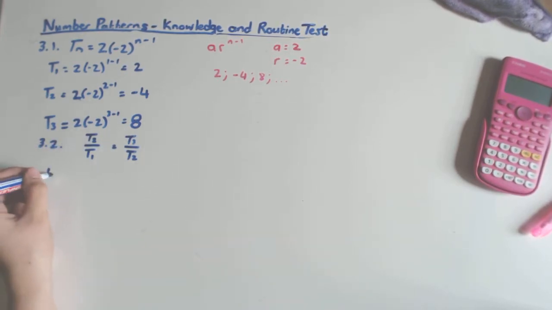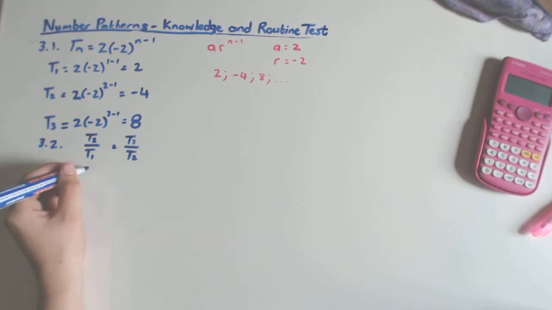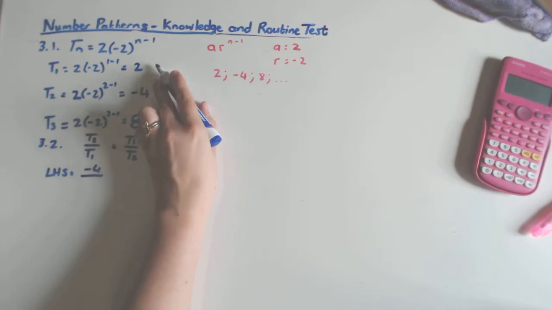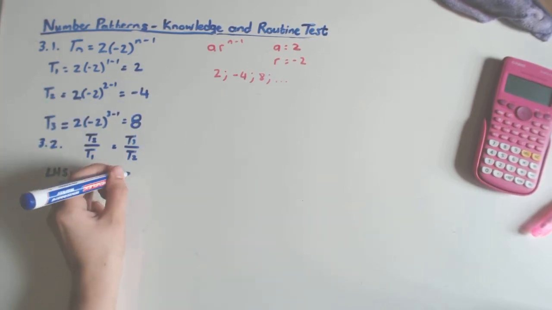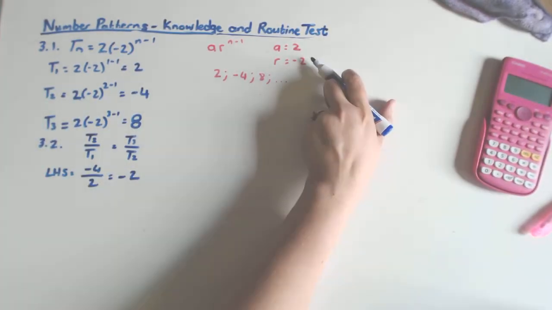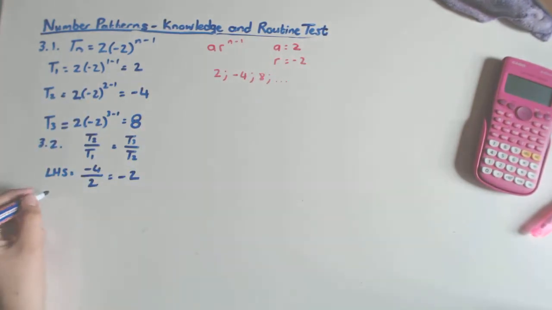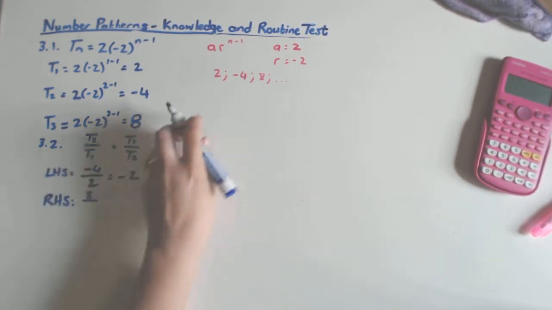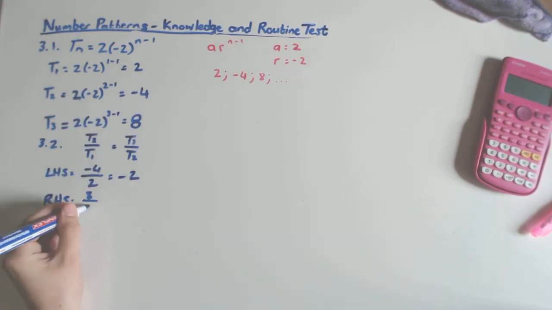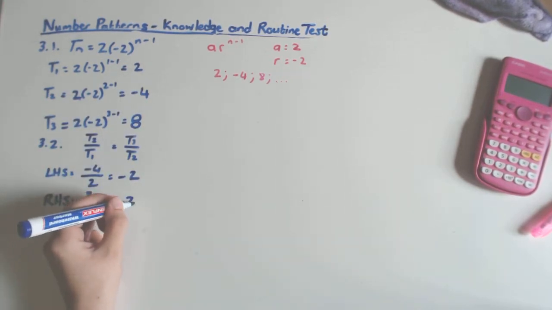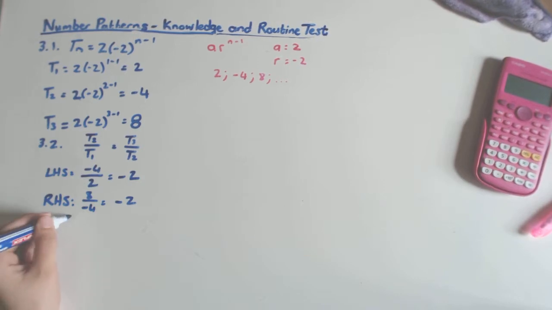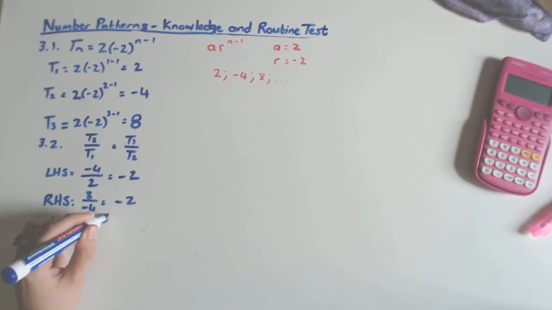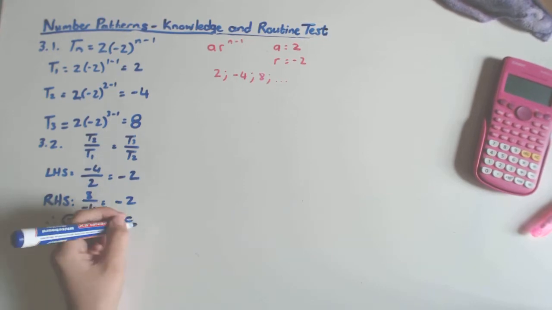So I'm going to just work out the left-hand side. Term 2 is minus 4 over term 1 is 2, which gives me minus 2, but I already know anyways my r is minus 2. And for the right hand side, term 3 is 8 over term 2 is minus 4. 8 over minus 4 is also minus 2. So that tells me that it's a geometric pattern or a sequence.